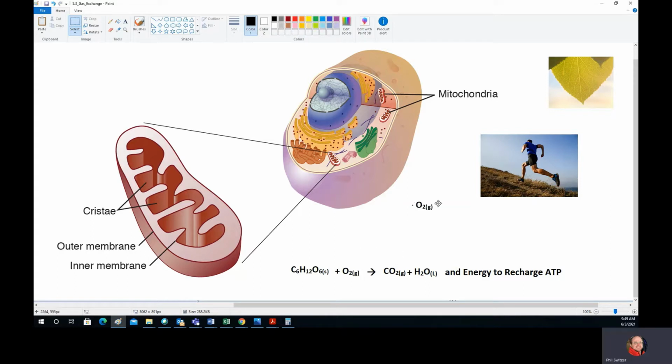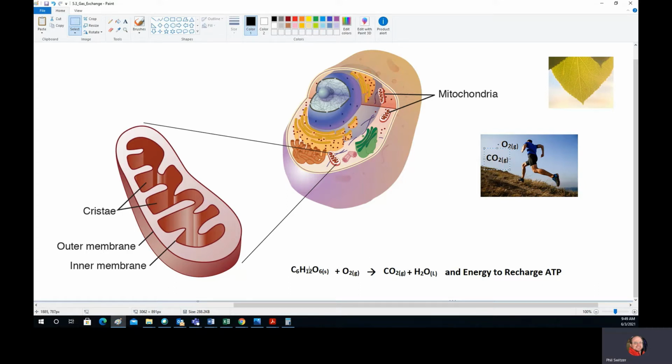Here's cellular respiration right here. We take glucose, combine it with oxygen, and burn it, done by the mitochondria in our cells. This would be one of trillions of cells in this person's muscles, burning glucose with oxygen, releasing CO2 gas. So this individual would be breathing out CO2 gas. They would take in oxygen, breathe out CO2, and get a little excess water in that reaction.